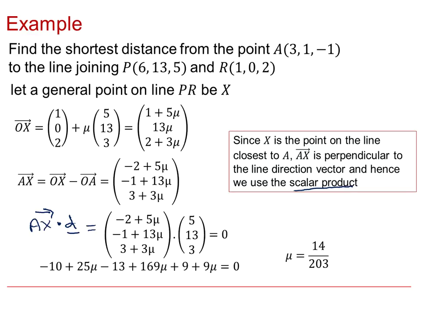And that leads us to minus 10 plus 25 mu minus 13 plus 169 mu plus 9 plus 9 mu equals 0, which will then give us the value that mu is 14 over 203. This then allows us to identify where X is, and it also enables us to look at this AX. We put those mu values in, we will have identified AX.